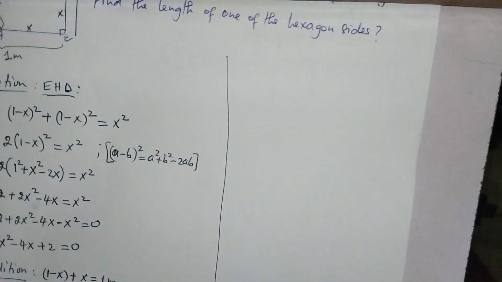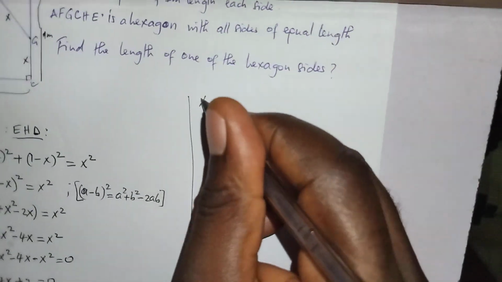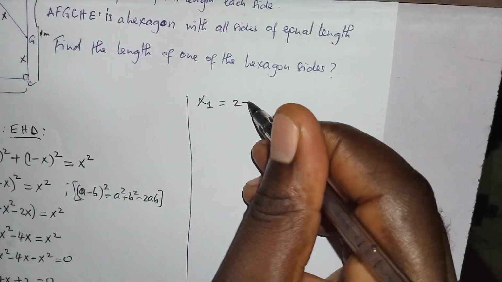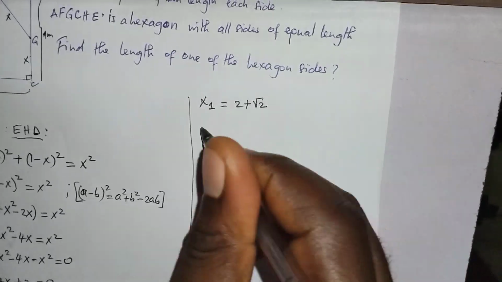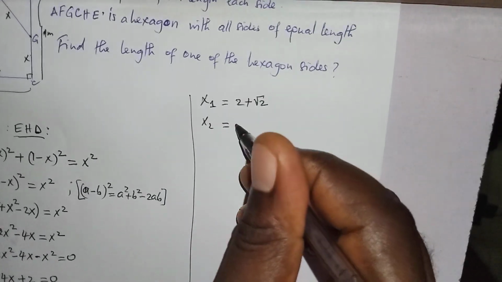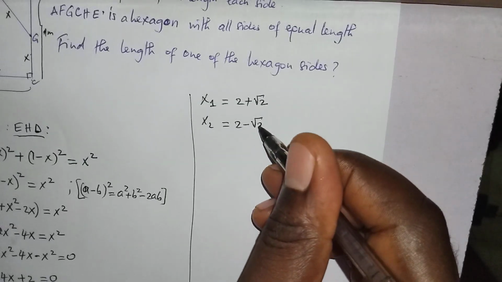Let's continue here. x1 is 2 plus square root of 2, and x2 is 2 minus square root of 2.